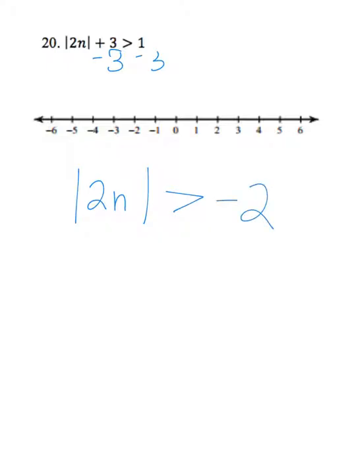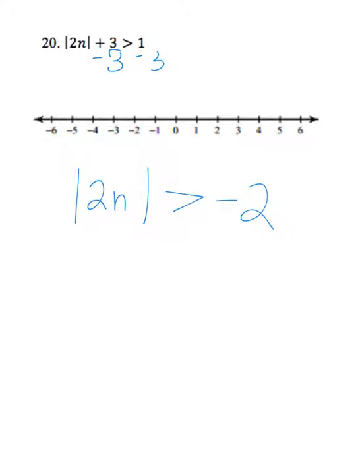Now, as soon as I see a negative number, I pause and think to myself, is it one of two cases? Is it all reals or no solution? Well, this problem is saying the absolute value of something, this right here, is greater than a negative number.